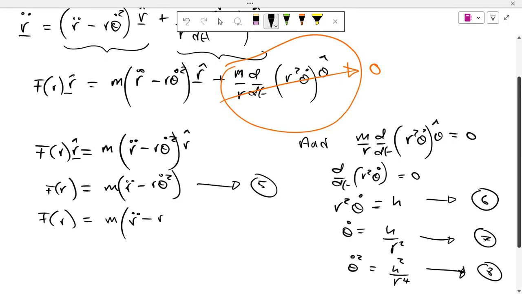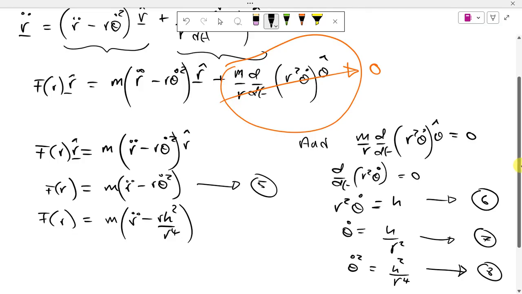Well, I can't draw my arrow heads very sufficiently. Right, so we've got theta dot squared equals h squared over r to the power 4. So this becomes r times h squared over r to the 4.